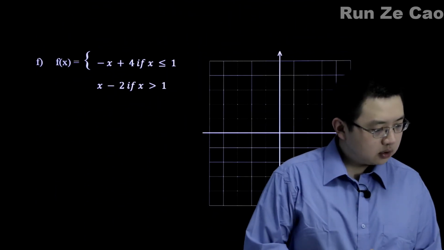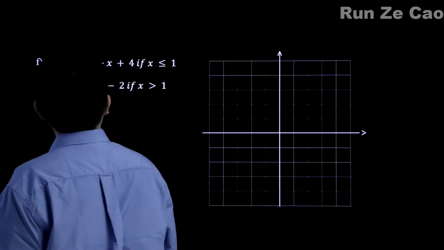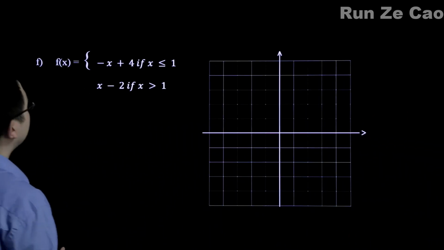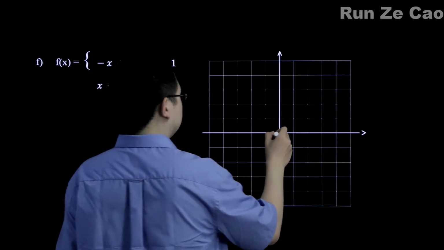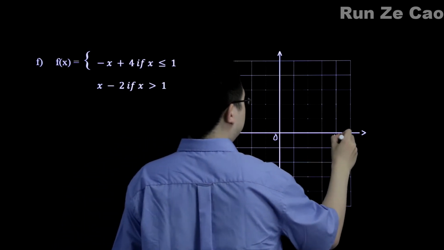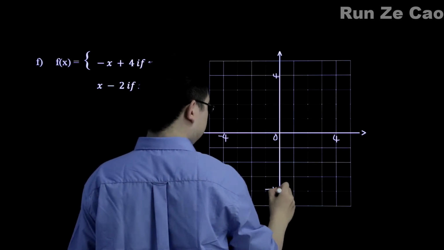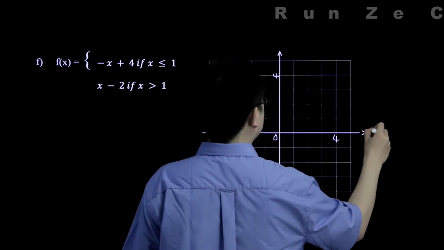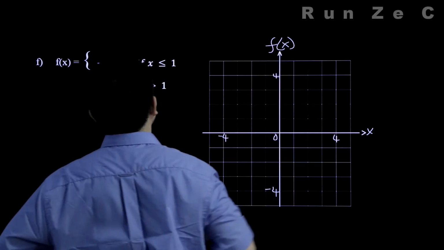Alright, so here we have f of x is equal to negative x plus 4 if x is smaller than or equal to 1. Alright, 0, negative 4, 4, 4, negative 4, and x, f of x.